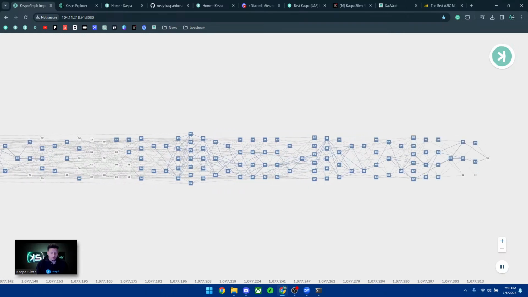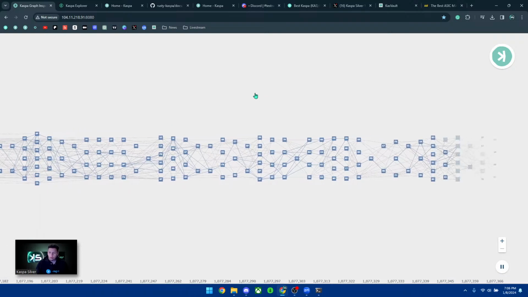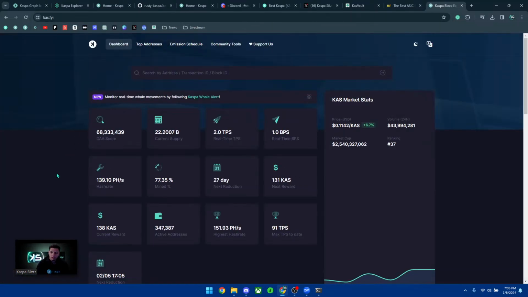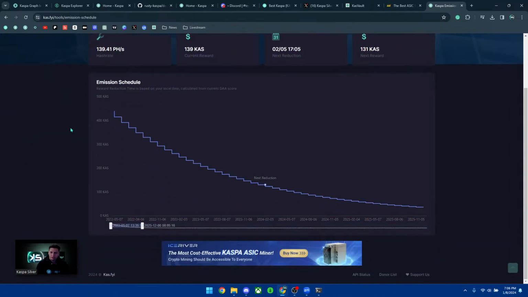I've got a question. What will happen when all of the Kaspa will be mined? Well, first, you can go to kas.fyi to see the emission schedule. And you can see that over time, every single month, the amount of Kaspa being produced continues decreasing.